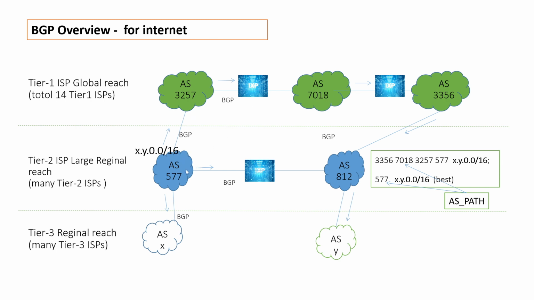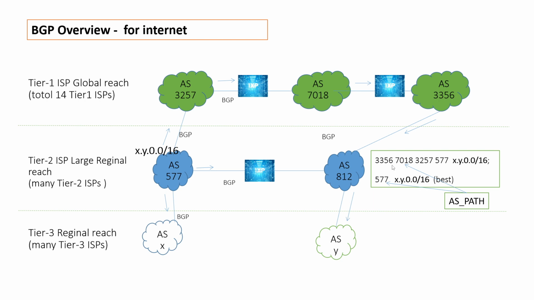After it advertises this information to all the BGP neighbors, eventually on the right-hand side you can see another ISP whose AS number is 812. This AS will get this routing information from BGP. It will get two paths, one from the top and another from the bottom. The two paths are illustrated here.